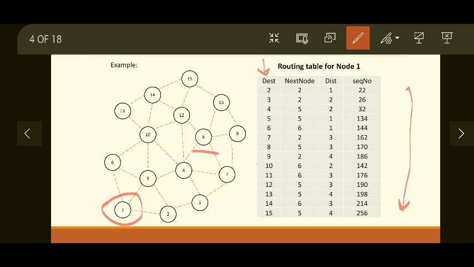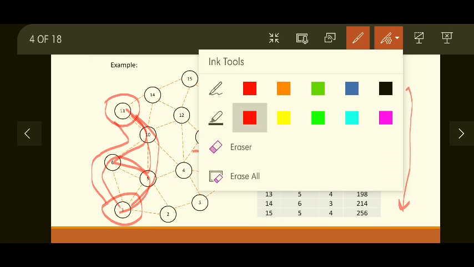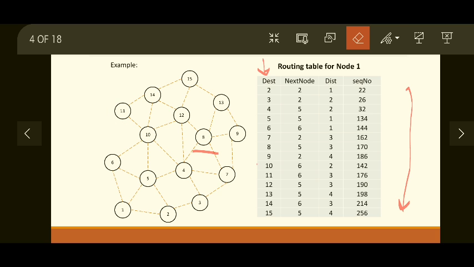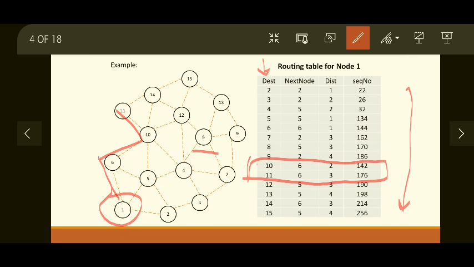If I have to send a packet to node 11, let's say, where is node 11, this is node 11, there are multiple paths available like this one, then this one, then this one, this one. There are so many paths. Now out of these, one of the paths must be mentioned, and the best path right now is mentioned as: destination is node 11 as it is seen. The next node is 6, that means along this path the best path is available.